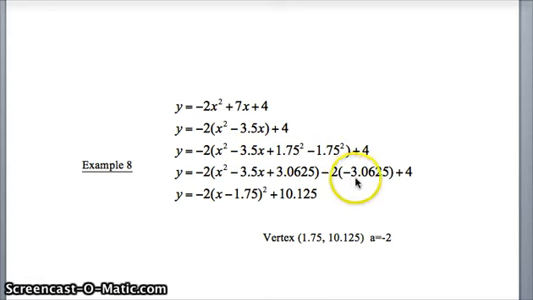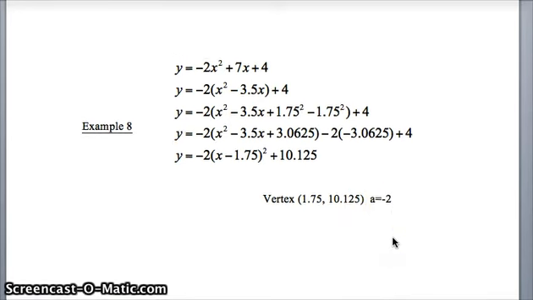So we're saying -2 times the subtraction, which will give us plus 6.125 added to 4. So from our factored perfect square, we get the vertex form of y equals -2 bracket x minus 1.75 bracket squared plus 10.125, giving us a vertex at 1.75, 10.125 with an A value of -2.